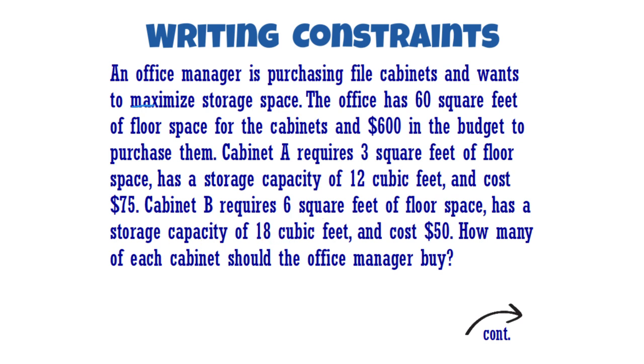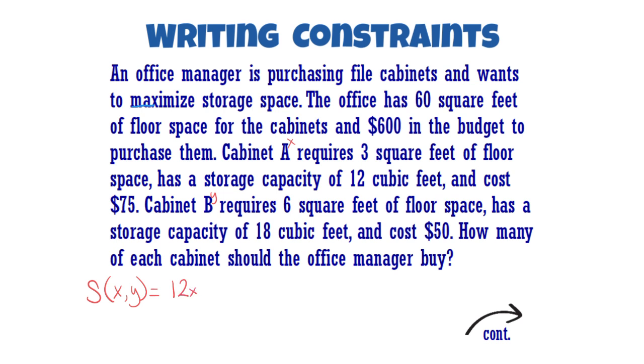So here's what I'm going to do. Now, it says A and B, but I'm going to really call it an X and a Y. And so my storage space, I guess I'm going to use an S function. It's respective to X and Y. So when I look at cabinet A, the storage capacity was 12 cubic feet.